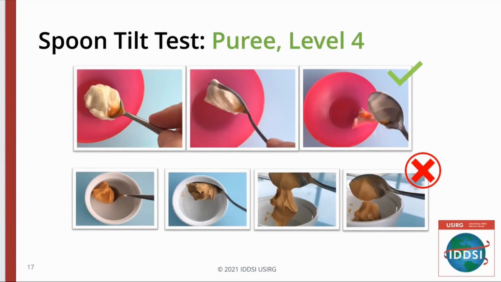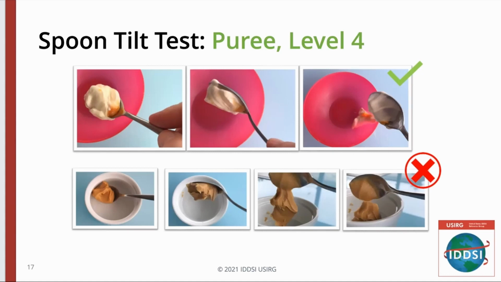The spoon tilt test measures this for extremely thick and pureed, level 4, and minced and moist, level 5. See the top line here of vanilla pudding that slides off the spoon with very little left over in the bowl of the spoon. The spoon tilt test gives us an objective way to determine if the food is too sticky, like the butterscotch pudding here in the bottom line of photos.